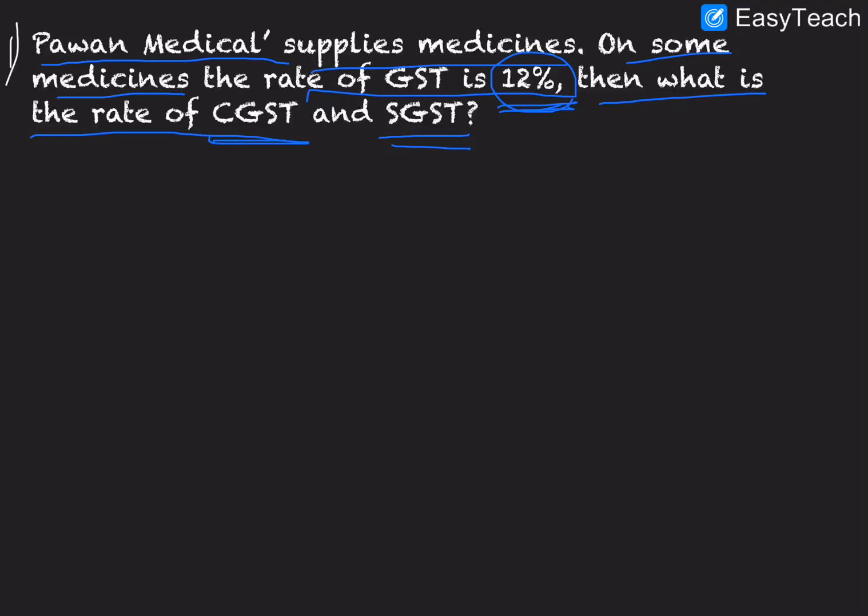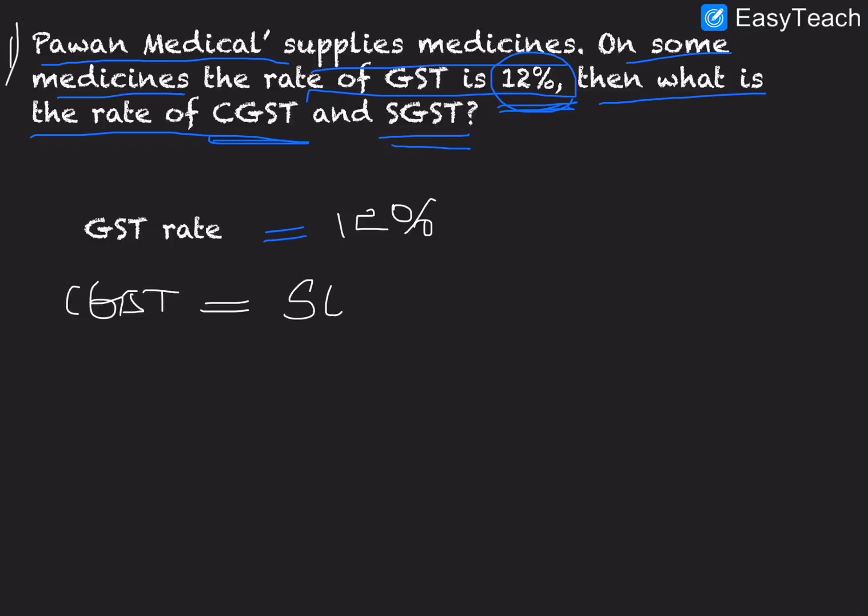So we know that GST is made up of two parts, CGST plus SGST. So we only need to take half of the GST. The GST is 12%, and we need to find half of the 12, which will be the CGST and SGST. We know that CGST equals SGST.